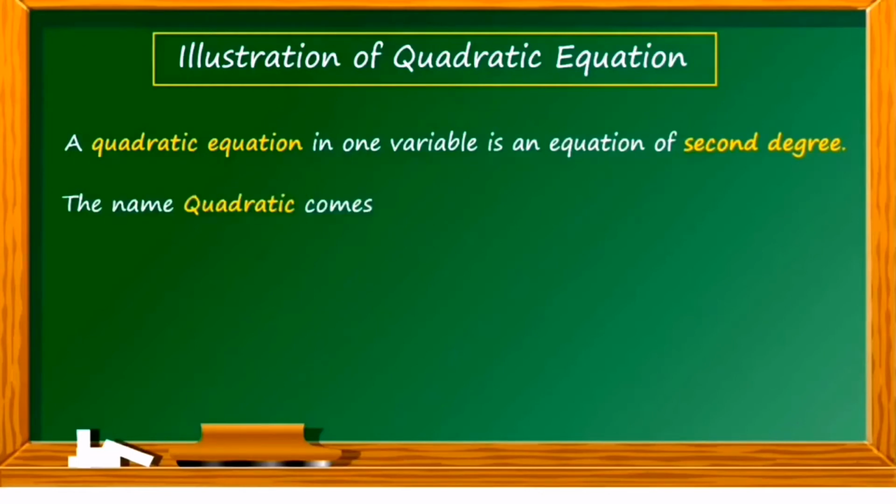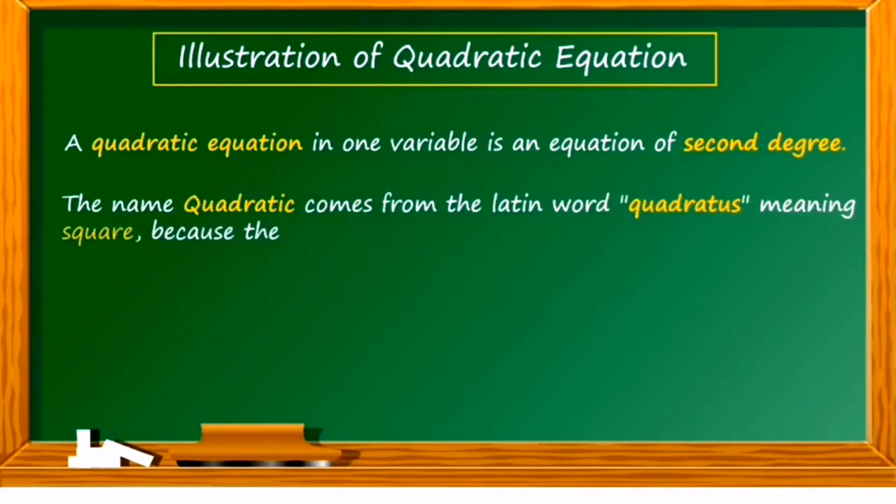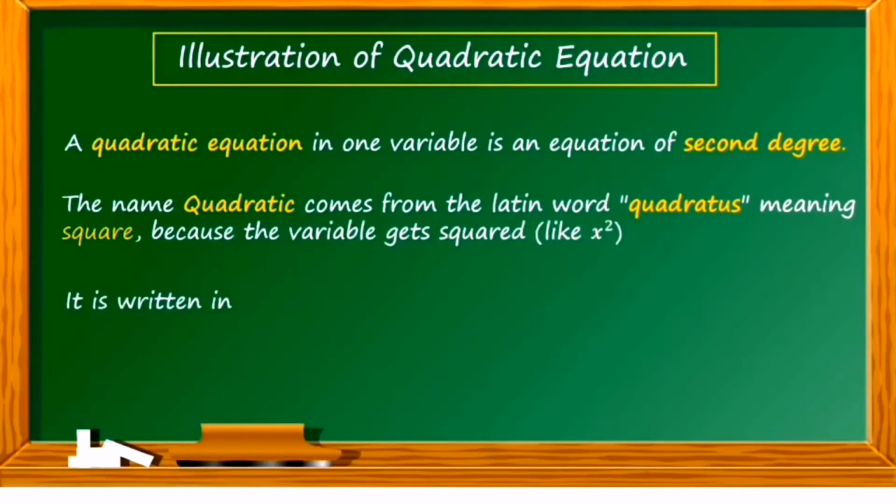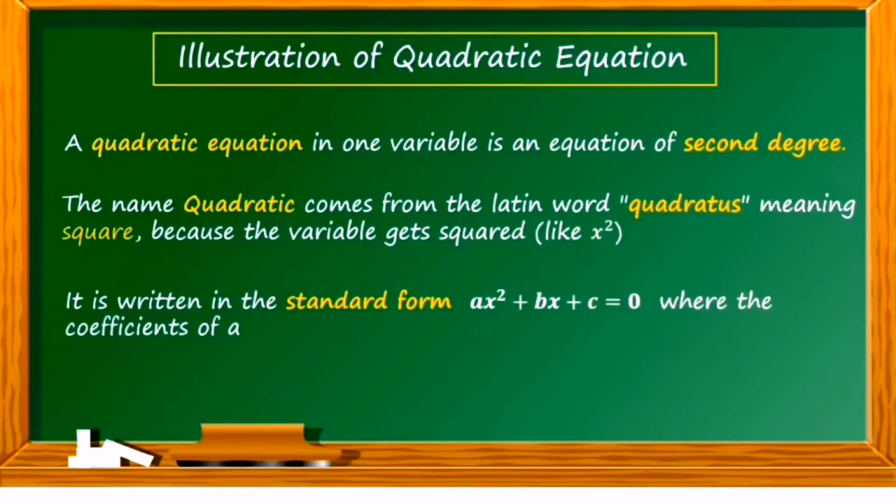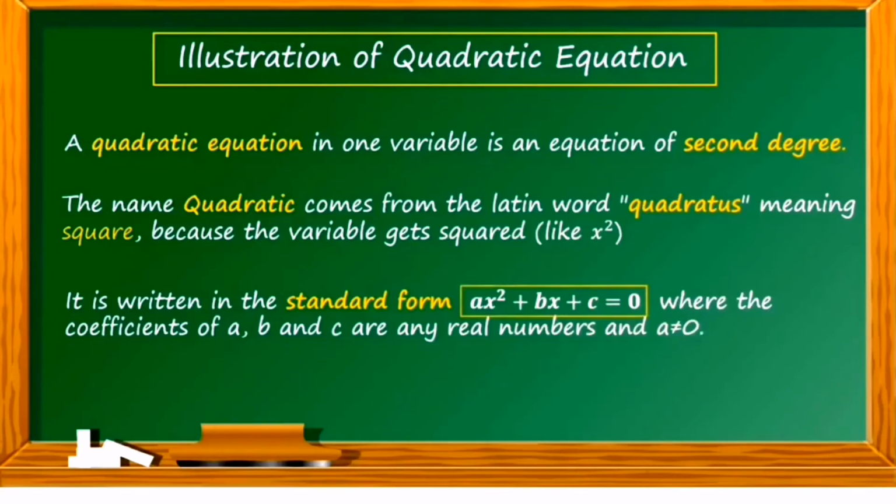The name quadratic comes from the Latin word quadratus, meaning square, because the variable gets squared like x squared. It is written in the standard form ax squared plus bx plus c equals 0, where the coefficients a, b, and c are any real numbers, and the value of a must not be equal to 0.